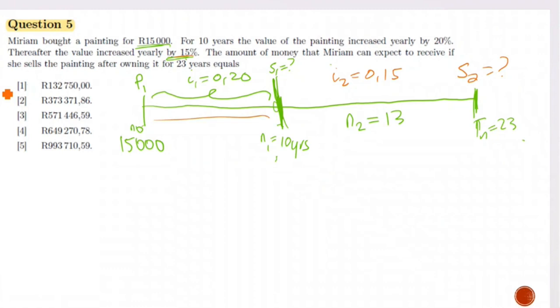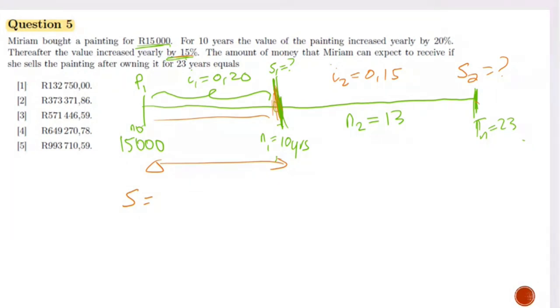After you've got the accumulated amount, you've got a present value which you are going to move for 13 years, going to the end of your investment period. So you first need to calculate for this period. Is this a compound interest question or a simple interest question?